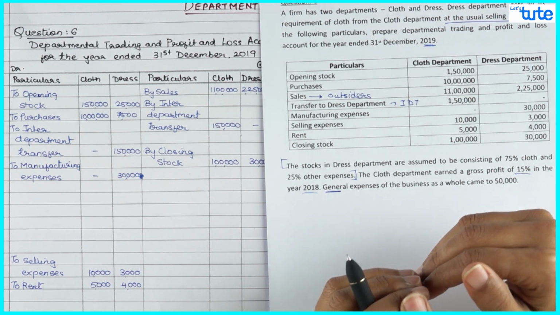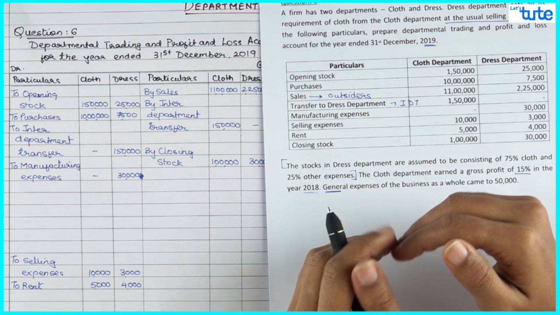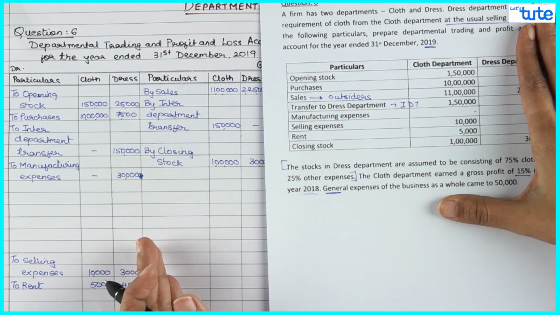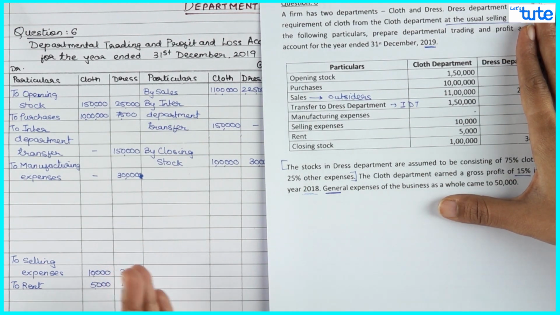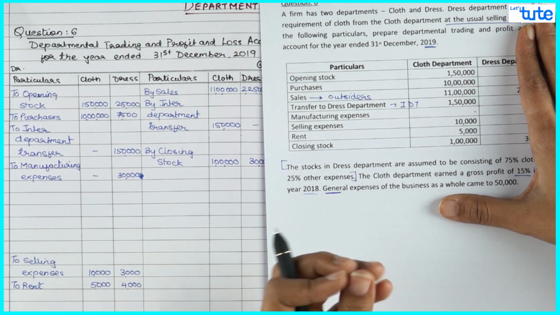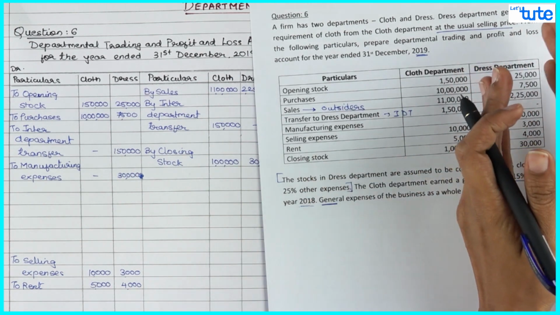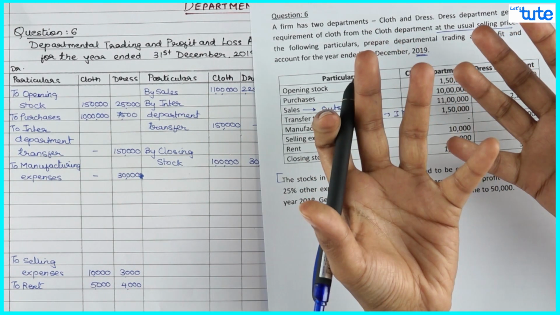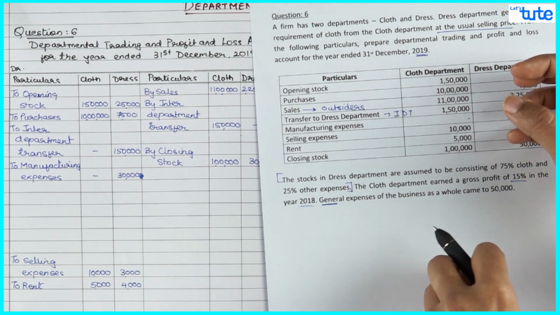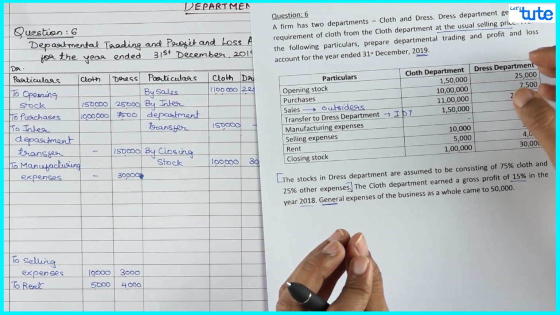Remember, stock reserve calculation will come only if the goods are transferred between the departments at selling price or at invoice price, or they can give that charging some loading on the cost price. Then, if the receiving department still held those goods in its stock, then you need to calculate stock reserve.